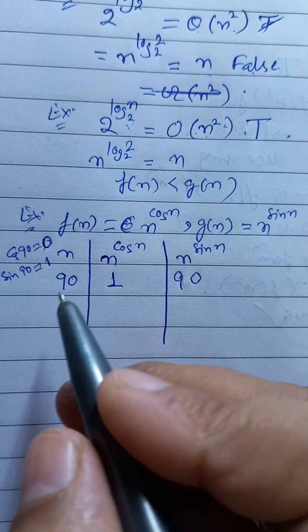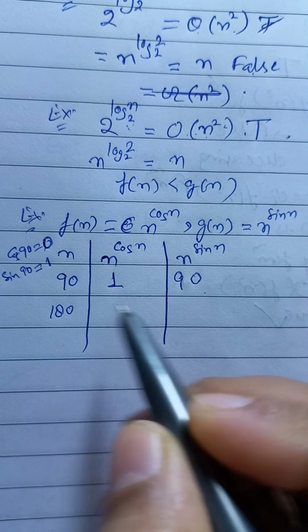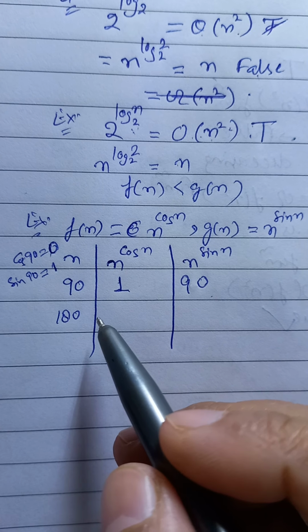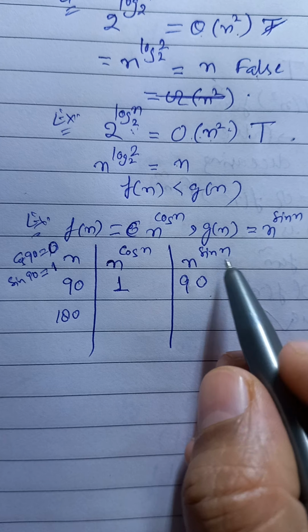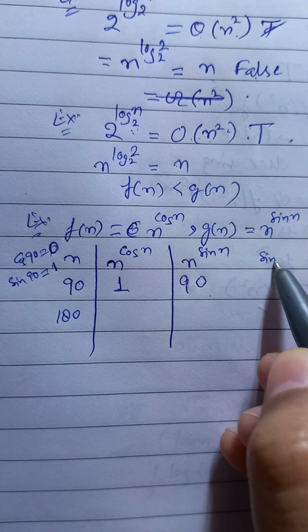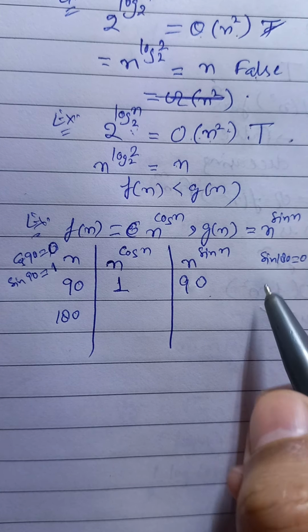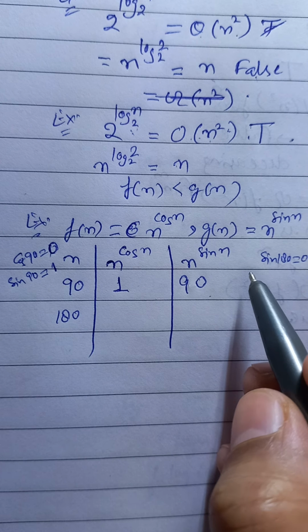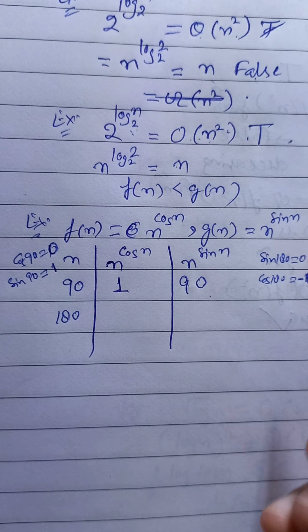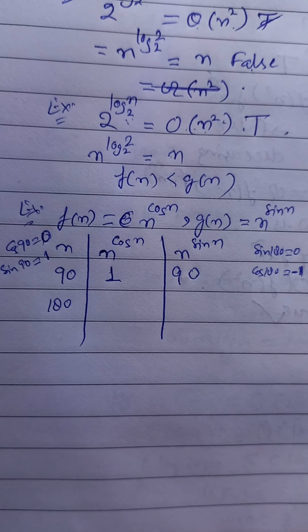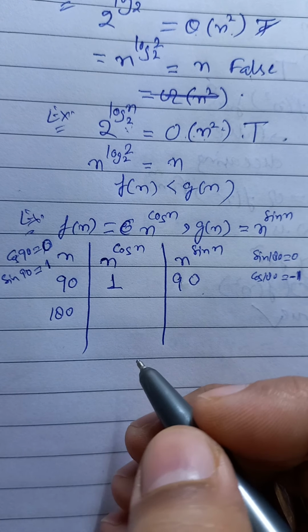In the same way, if we put n value as 180, then sin 180 value is 0, while cos 180 value is minus 1. So how are we going to do this?